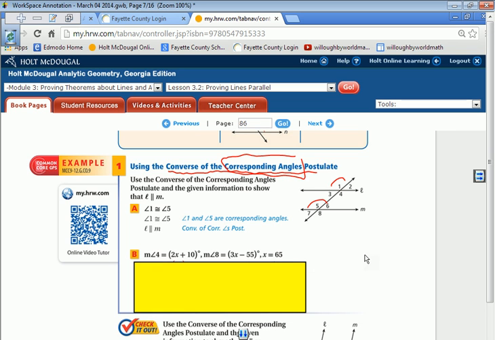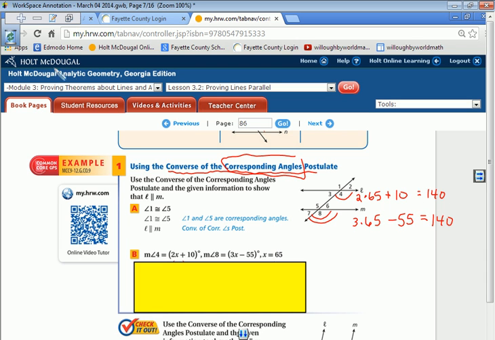All right. The next problem. So we have 3 times 65, which is 195, right? And 195 minus 55 is 140.